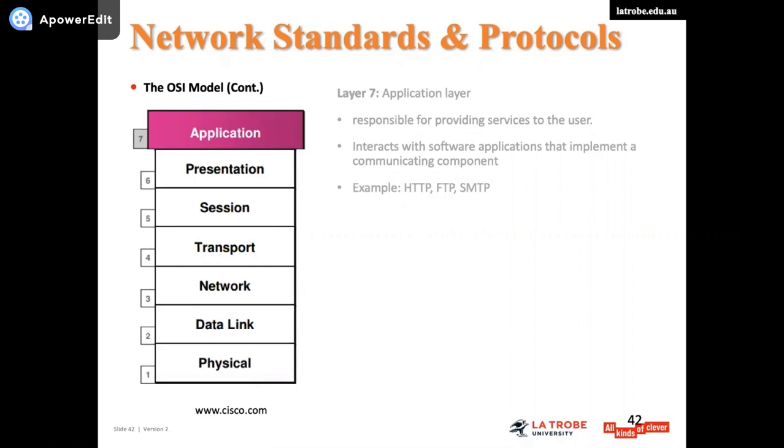The application layer is responsible for providing services to the user, and it interacts with software applications that implement communication components. Most users don't care about the lower layers, such as the physical layer, the data link layer, and the network layer.